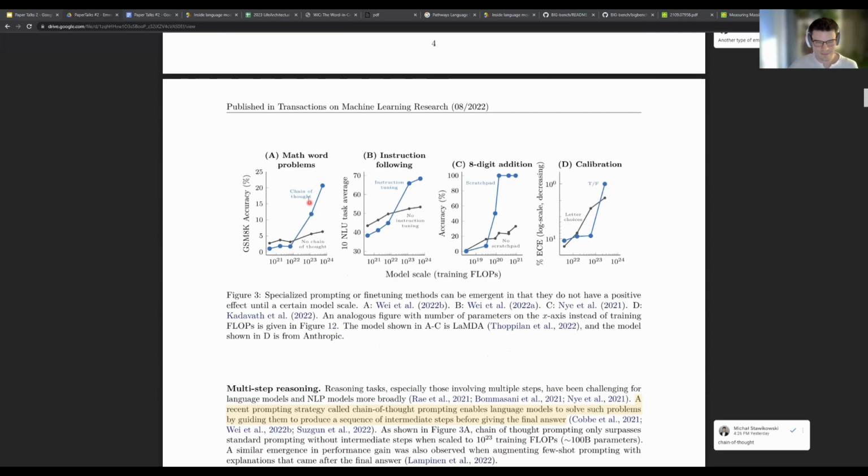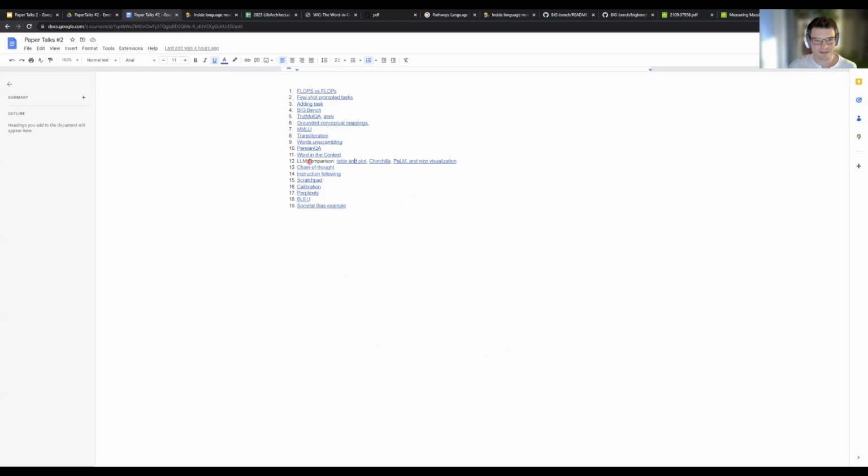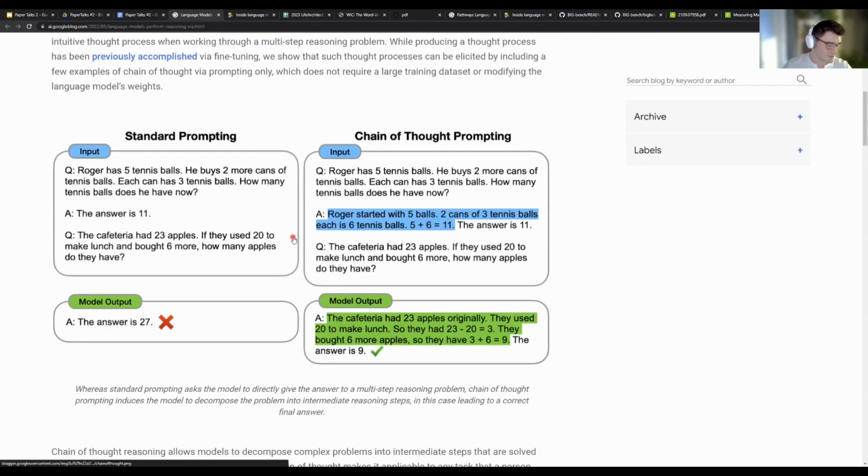Actually it's pretty straightforward, because it's really similar to how kids or people solve tasks, and this is why, for example, teachers in school demand kids to write down every step of their reasoning, because it can also help them to achieve the proper answer.